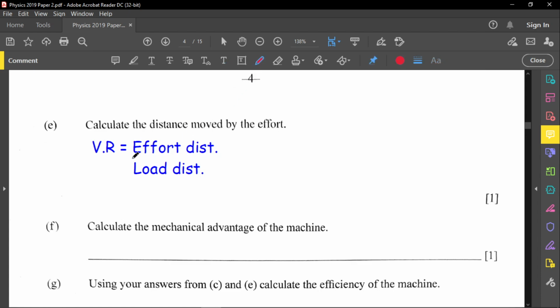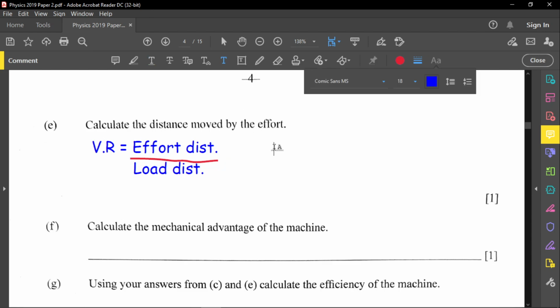But what we want to calculate is the effort distance, the distance moved by the effort. So all we need to do is make effort the subject of the formula. We could use E and L. So the effort distance is equal to velocity ratio times the distance moved by the load.